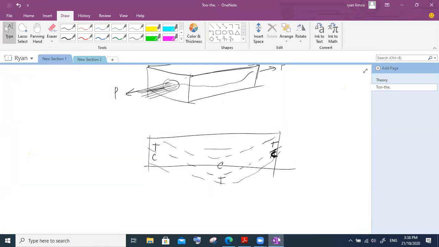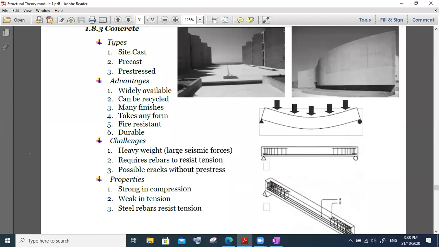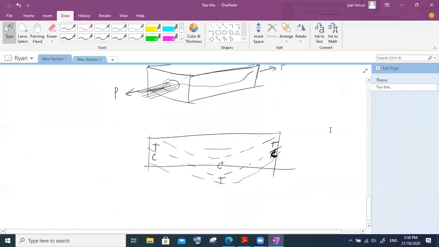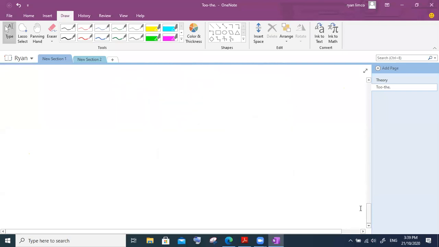So sinasabi niya dito that the tension side requires rebars to resist tension kasi yung concrete is matibay siya sa compression pero weak siya sa tension. So that's why dito sa part na to, kailangan mo ng bakal, of course, to resist tension. Kaya napapansin ninyo sa mga kalsada, kung ito yung roadway, wala kang nakitang parilya dun sa kalsada.